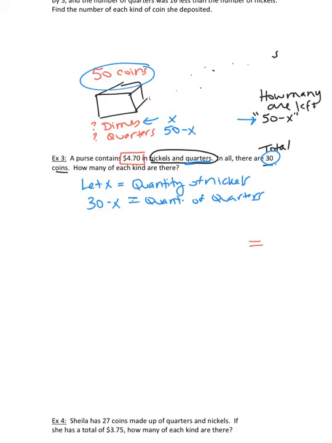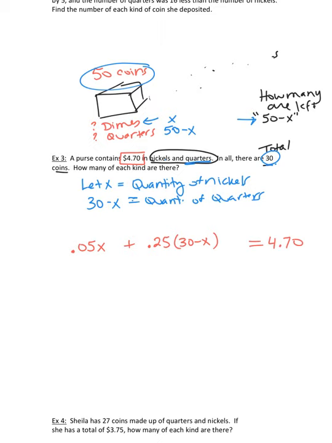The value of the money comes from the fact that there are $4.70 in the purse. So our equation is going to represent value. It's going to say that all the coins add up to $4.70. If I have X nickels, that's my quantity of nickels, and nickels are worth 5 cents each, then I'm going to multiply 0.05 times X, plus if I have 30 minus X quarters, then 25 cents times 30 minus X, and that equals my total value of $4.70.